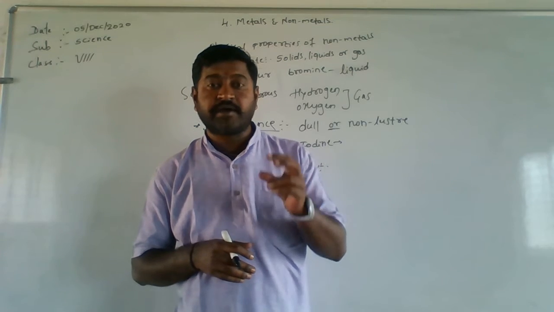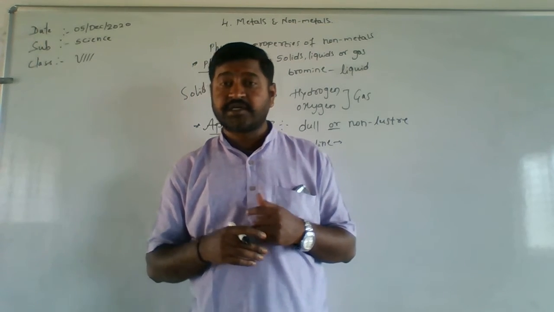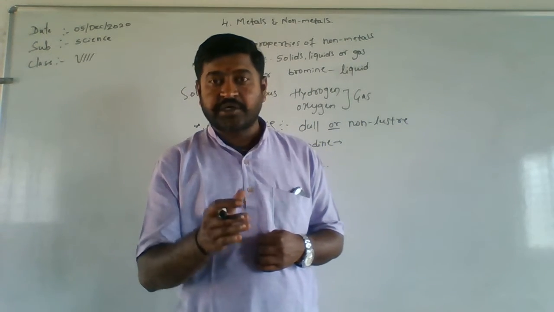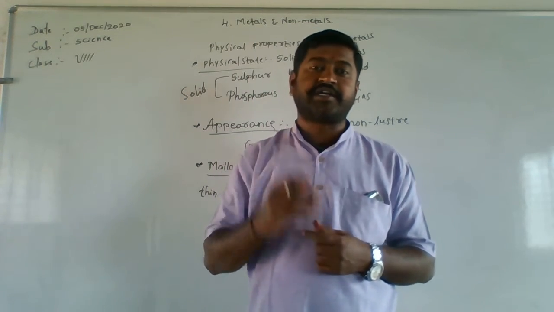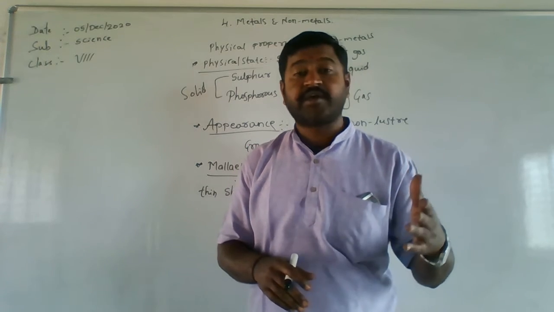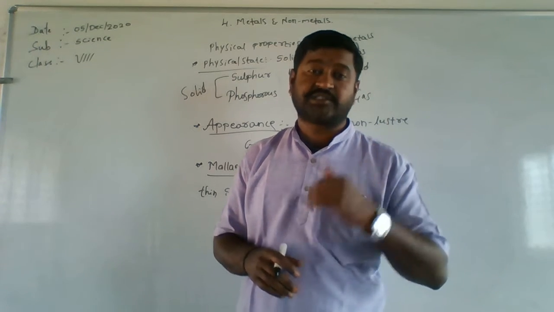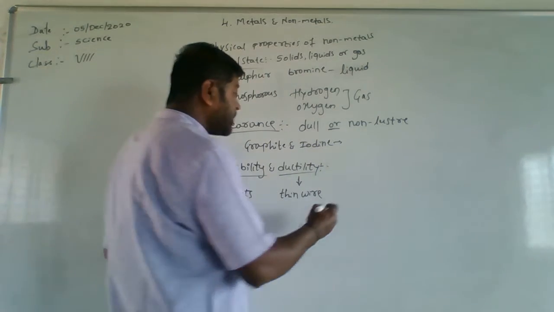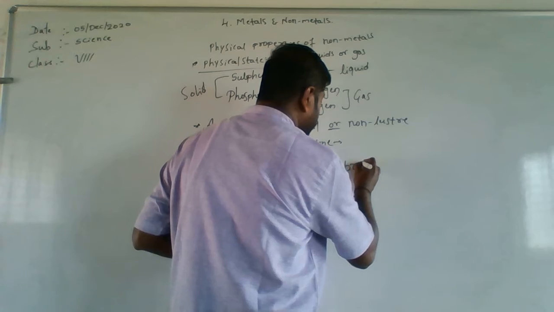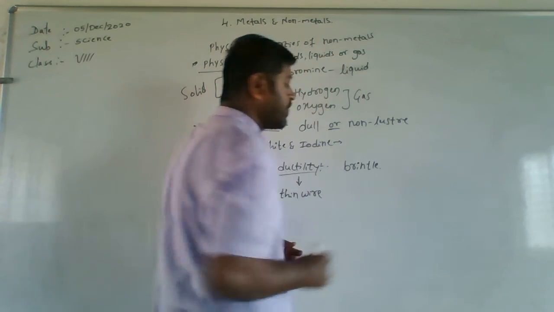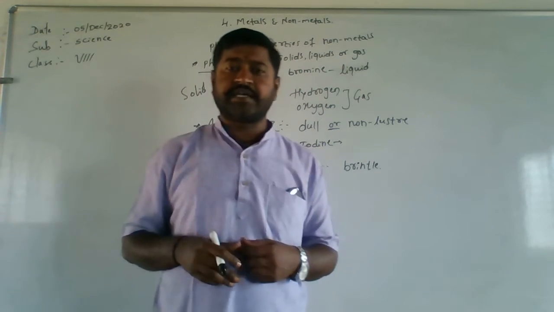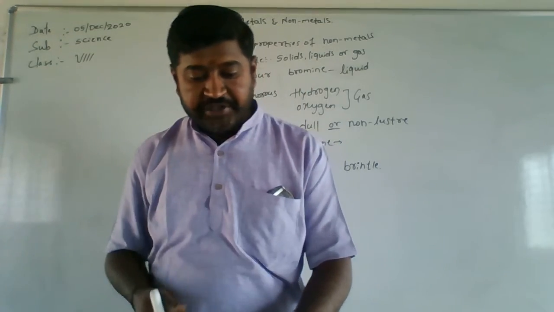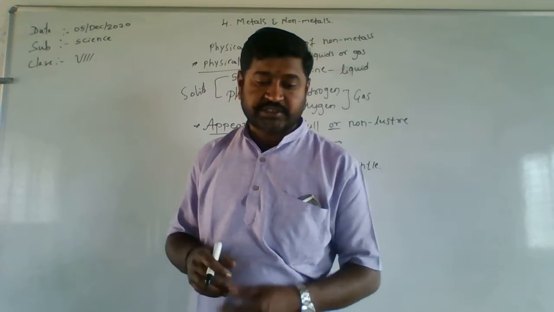Because it is brittle. Means when it is bent, it is going to either break or a crack will appear on it. So we did not use aluminum for making wires. Is this clear? So here non-metals are brittle, means they break easily or we can see cracks on them. On being hammered they break down into a powdery mass.